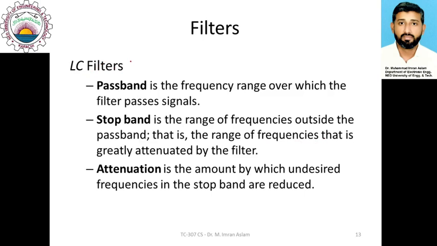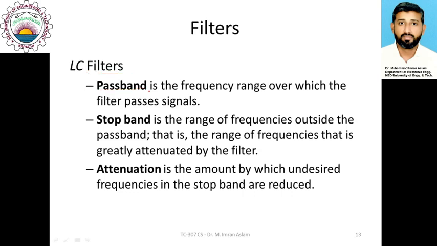There are certain terms which we use in conjunction with filters, and I would quickly define those terms so that you have a basic idea whenever we need to use them. The first term is the pass band of the filter.